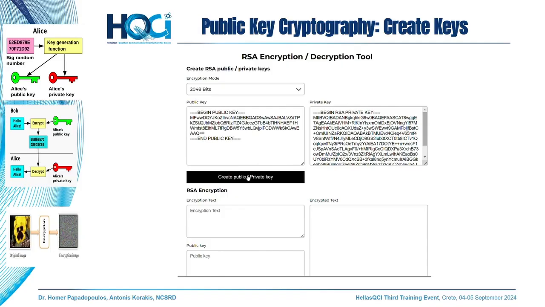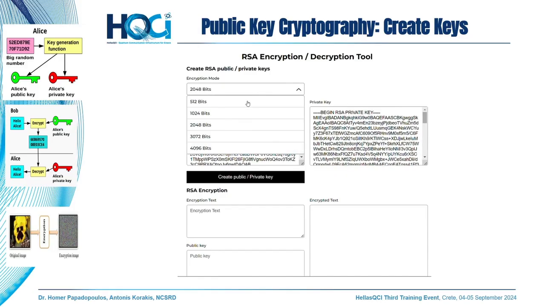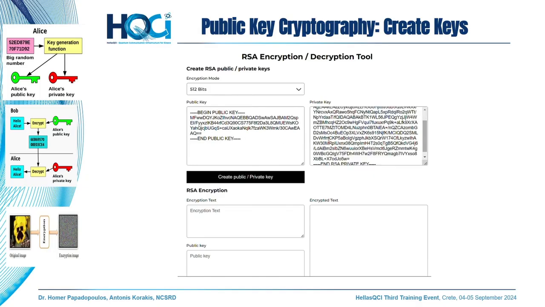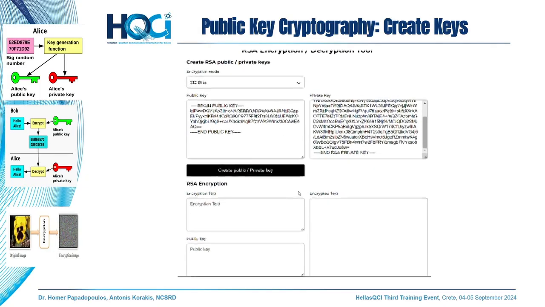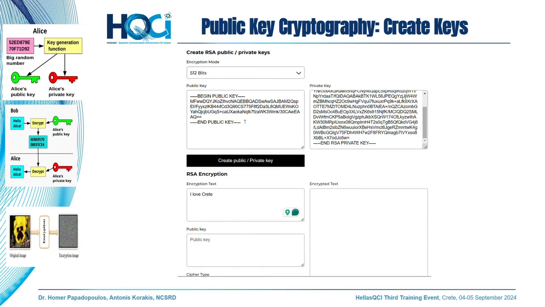You see that the public is always smaller than the private. And you can choose how many bits these keys can be. If you choose, for example, 2,000 bits, the output keys are bigger. If you choose, let's say, the simple one, 512 bits, these public and private keys are smaller.